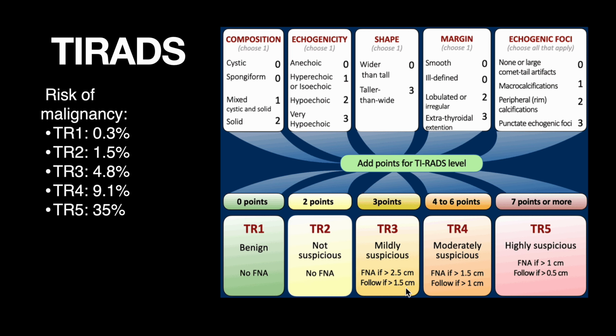We do follow up if it's more than 1.5 centimeters and FNAC if more than 2.5 centimeters. If it's 4 to 6 points, we give TR4, with follow up if more than 1 centimeter and FNAC if more than 1.5 centimeters. If it's 7 points or more, it's a TR5 lesion, with follow up at 0.5 centimeters and FNAC for more than 1 centimeter.